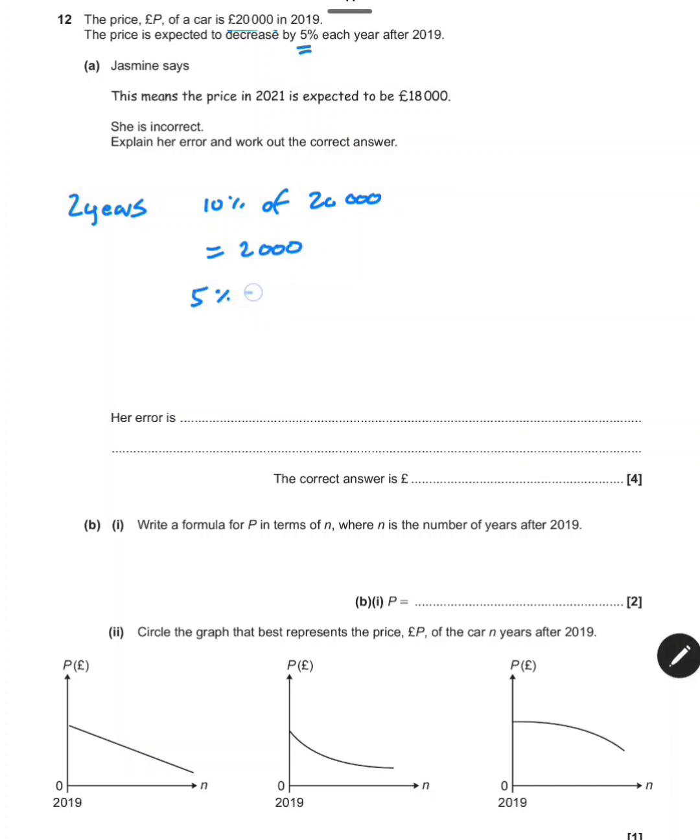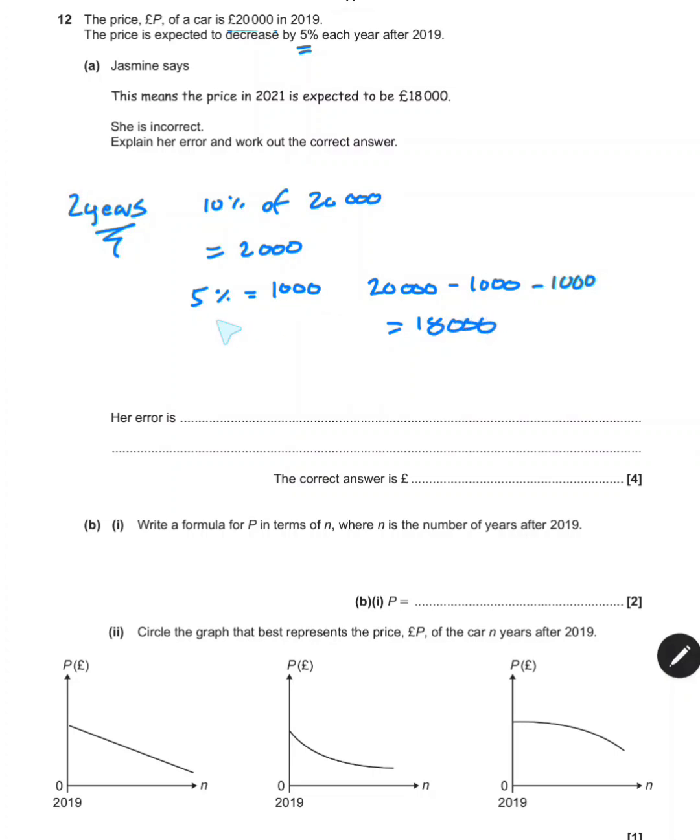That means 5% is £1,000. And because 2 years have gone by, what Jasmine has done has just said, okay, let's take 20,000, take away 1 year's worth, take away another year's worth, and that's how she's got down to 18,000.